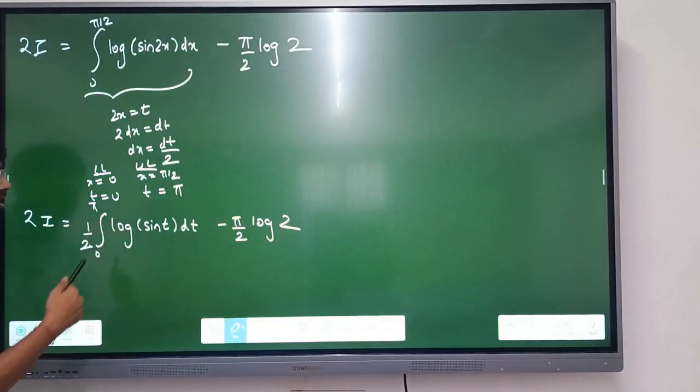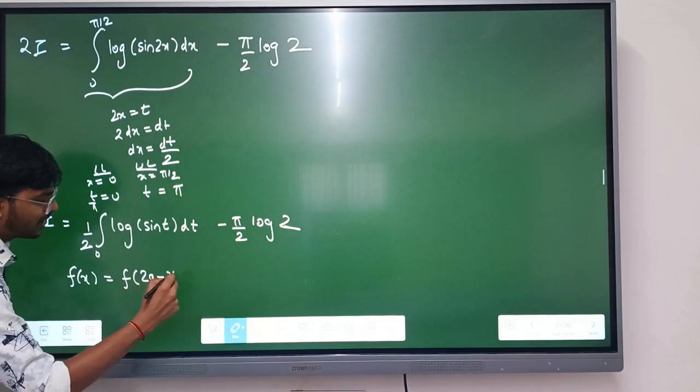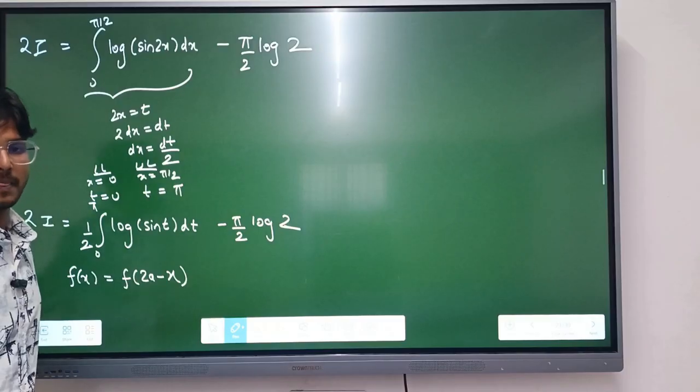Now here if you apply pi minus t instead of t, we are getting f of x equal to f of 2a minus x. If f of x is equal to f of 2a minus x, which property we can use?